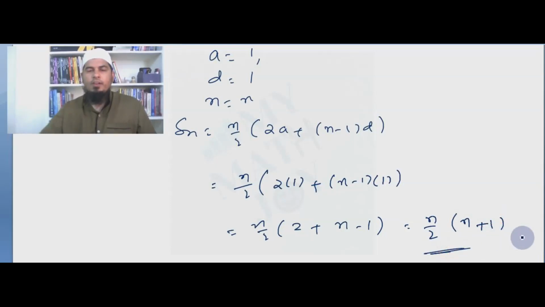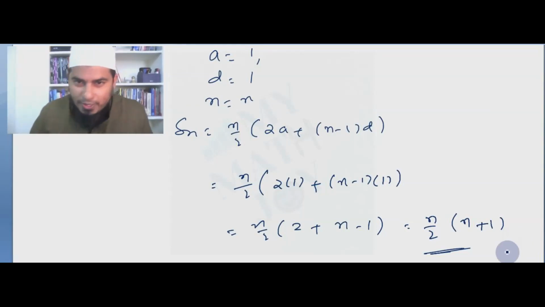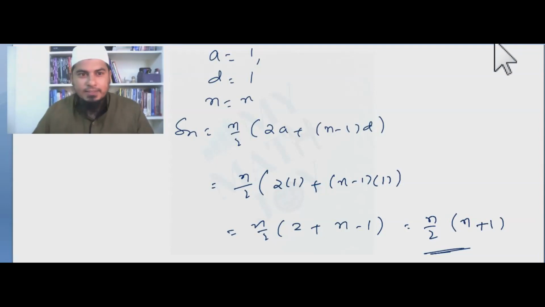So we got this formula. By seeing the previous example, we got 1000 times 1000 plus 1 divided by 2. So we concluded this should be the answer, and we got the same answer. So I think you understood. Let's move on to the next model questions on Sn.